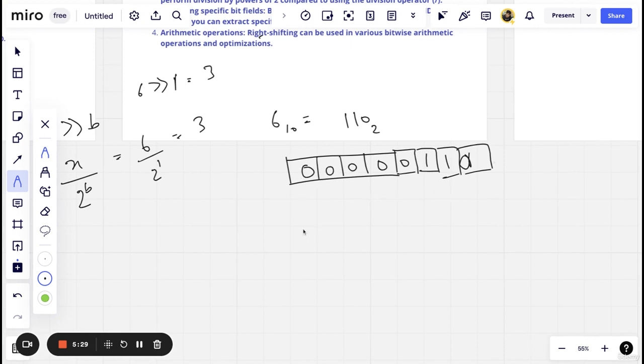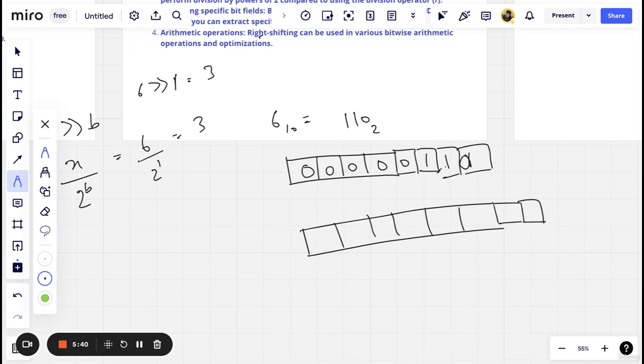So this goes here, this is discarded, and this goes here. So 1, 1, and then simply you add 0 here. So this, what is 1, 1? It is 3, right? 1, 1 from binary is 3 in decimal.